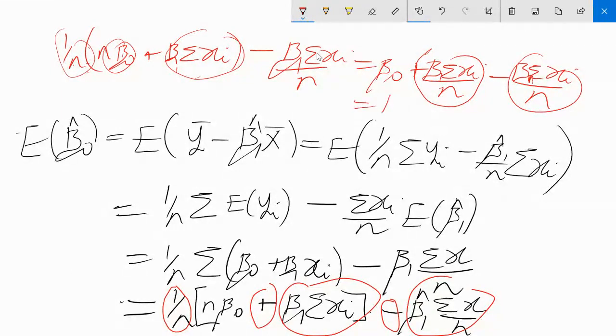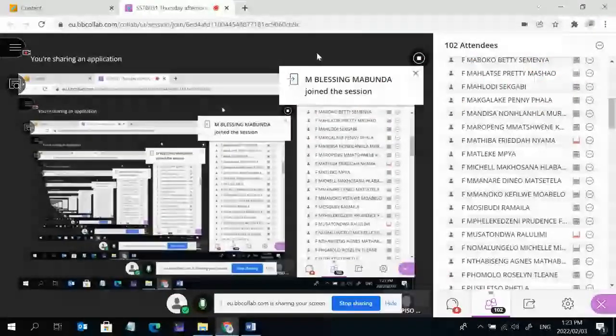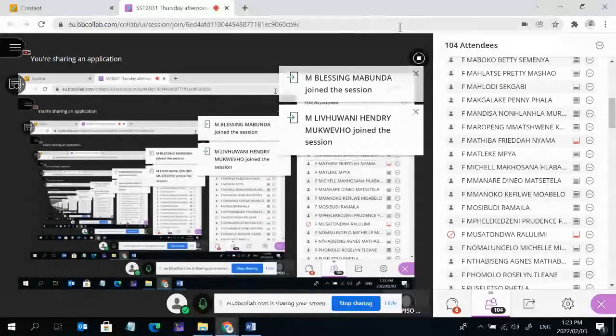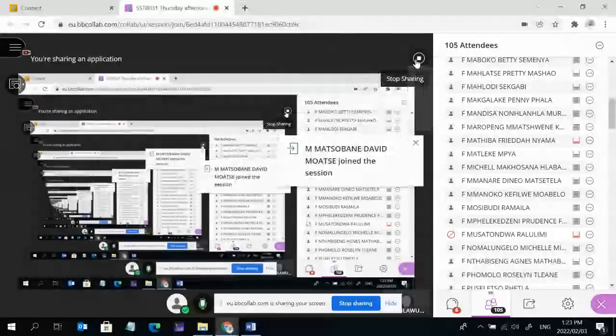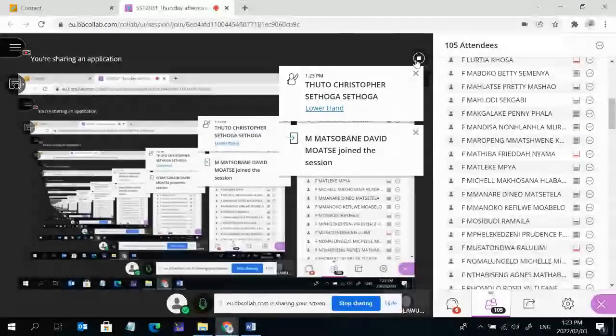So it's 0 and we are left with beta 0. So the expected value of beta 0 hat is equal to beta 0. So we can conclude that indeed beta 0 hat is an unbiased estimator of the constant, or of the y-intercept. Is it clear? Yes, sir. Thank you very much.